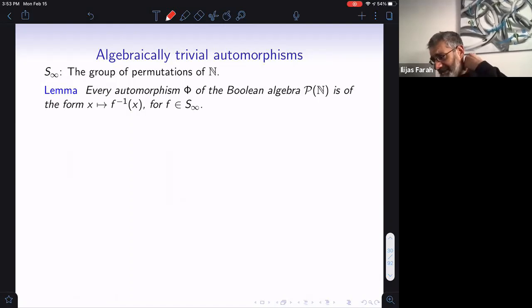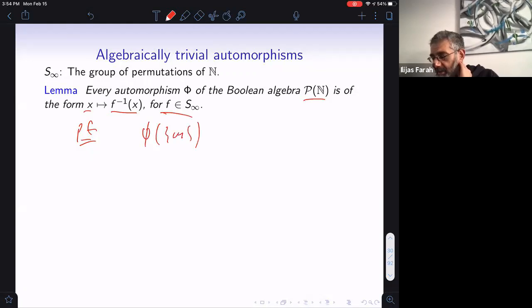Let's just look at the category before we mod out. Every automorphism of the algebra P of N is of the form X goes to f inverse of X for some permutation f in S infinity. Now the proof, this is really a triviality. So what do we have? Well, phi of a singleton {m} is going to be a singleton, because phi is an isomorphism and the singleton {m} is an atom, so it has to be a singleton.